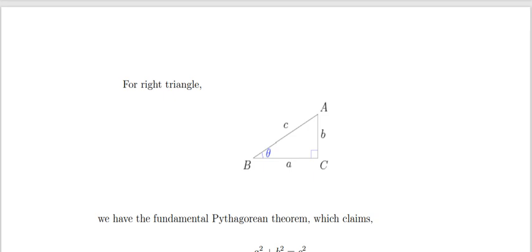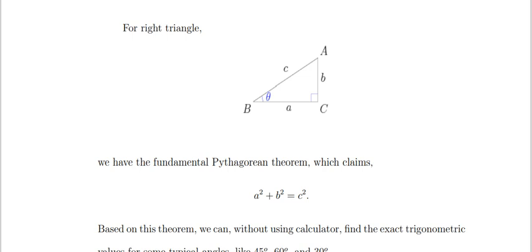So let's check. Let's look at a right triangle ABC. There are three sides, and among these three sides we have this fundamental theorem: a squared plus b squared equals c squared.